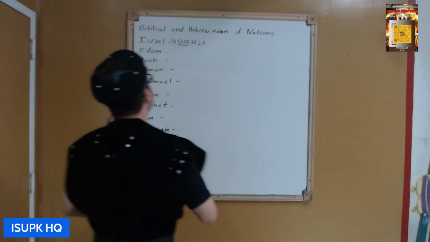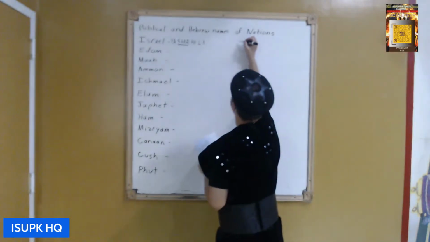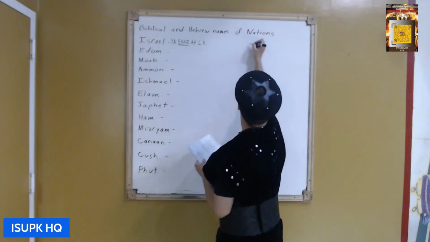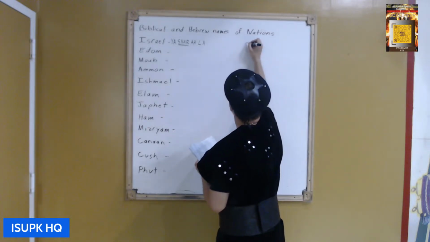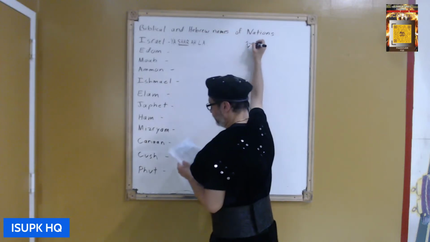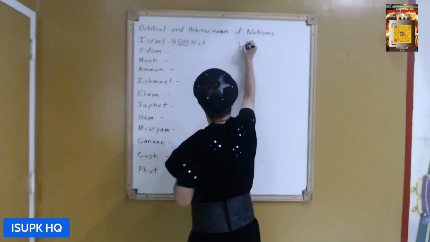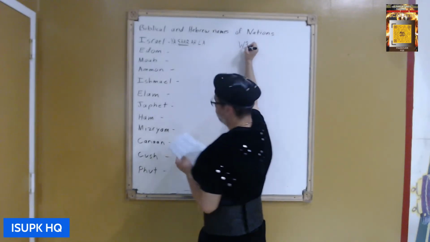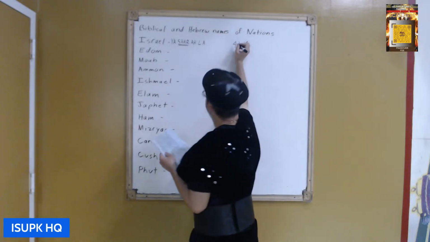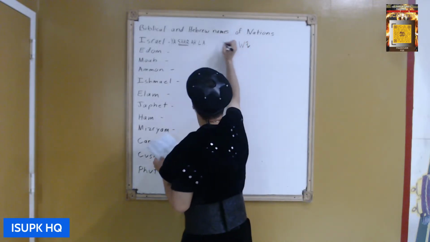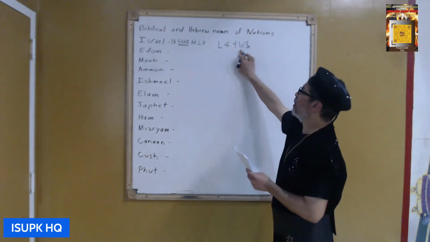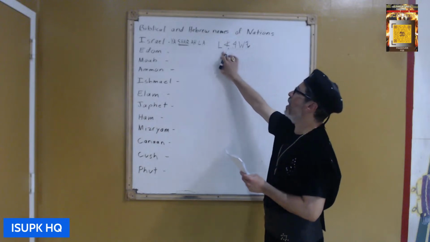Now, in the ancient, give enough space here. It's ya, shar. That's the sha. Then you have the ra. And then you have the ah. Then you have the la. So it's ya, sha, ra, ah, la.